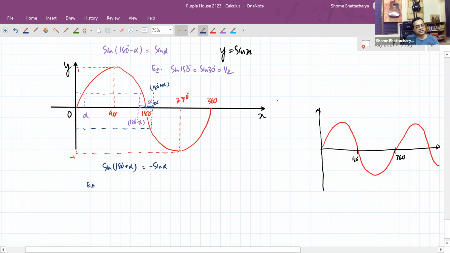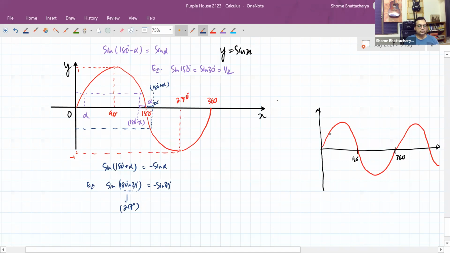An example of that we just saw earlier today: sine of 180 plus 37, which is 217, is minus sine 37. So you can see that visually in the graph how that is happening.